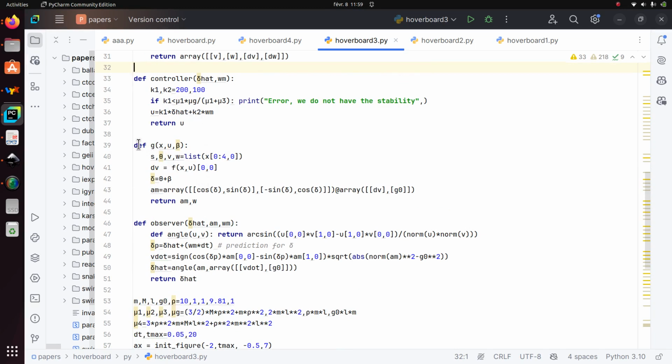Of course, I had to add an observation function which tells me that if I know u and beta and my state, it will return me am and wm. So this corresponds to one function inside the simulator. Of course, what I have to implement in practice is the controller and the observer.